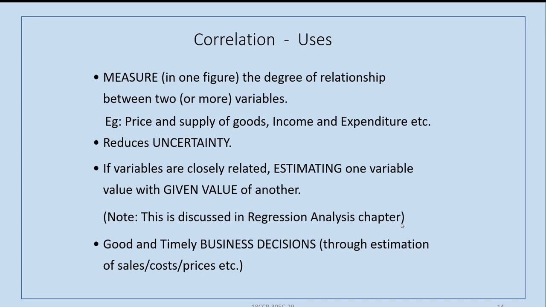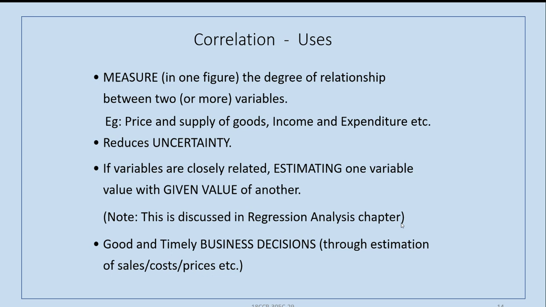And correlation also reduces uncertainty. Uncertainty means undecidable. That means when you are trying to measure, you will be knowing what is going on, what is the fact. Then you can reduce uncertainty. For example, as I said, there is a lot of clouds in the sky, and the effect of clouds is there is rain after some time.